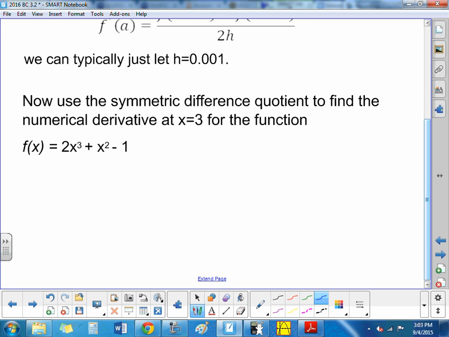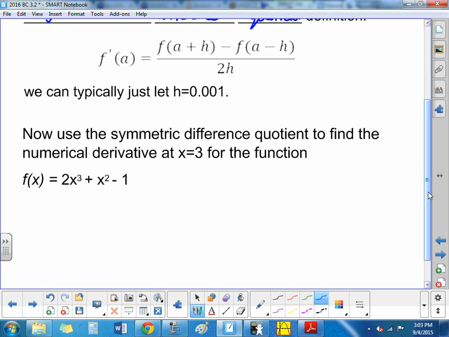So here's how it works. Pick a really small value for h, say 0.001. Okay, what you do is you would go like this. You would assume that a here is 3. So a is always your at value. If you see at x equals 3, that's your a.